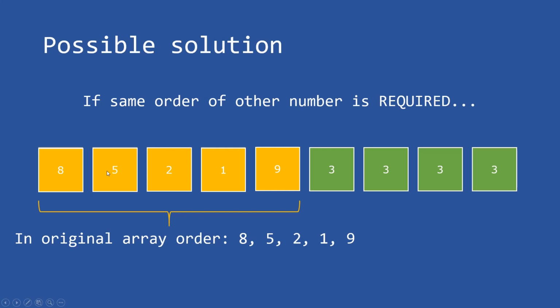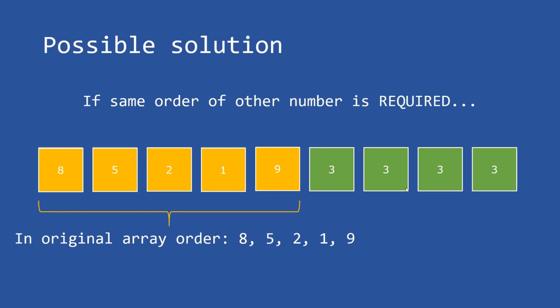Only one such solution is possible, with the numbers that are not 3 in the same order and all the threes at the end of the array. Okay, so these were two possible ways in which you can provide a solution.